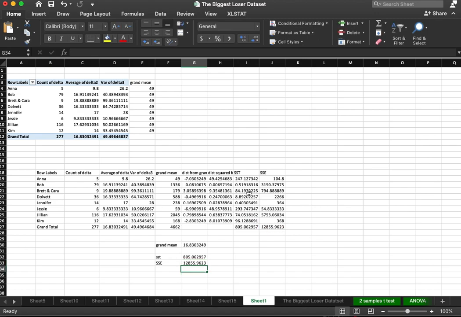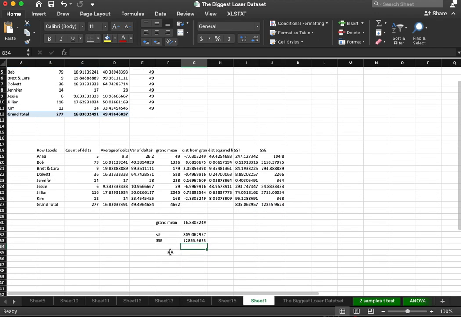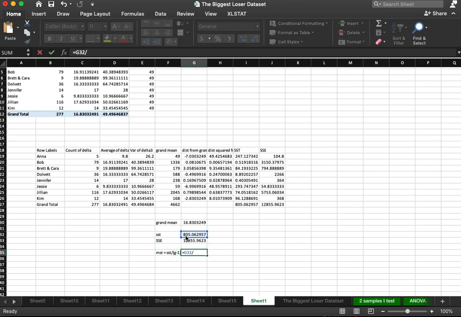Fantastic. All right. So to go from my SST and SSE to my mean sums, I want my mean sum of squares for treatment, which is equal to my sum of squares for treatment divided by G minus 1. That means I'll take this number divided by the count, 1, 2, 3, 4, 5, 6, 7, 8, 8 minus 1.